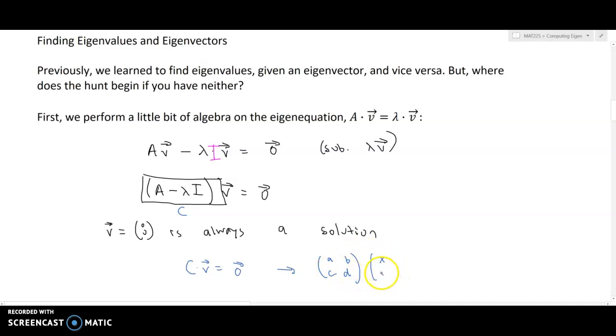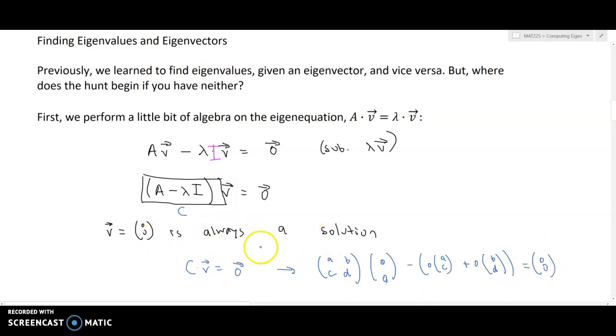And the eigenvector just has some x and y component equal to... well, let's actually suppose that v consists of the 0, 0 vector. If this in fact had both components equal to 0, then we take 0 times the first column plus 0 times the second column, and we get the 0, 0 vector.